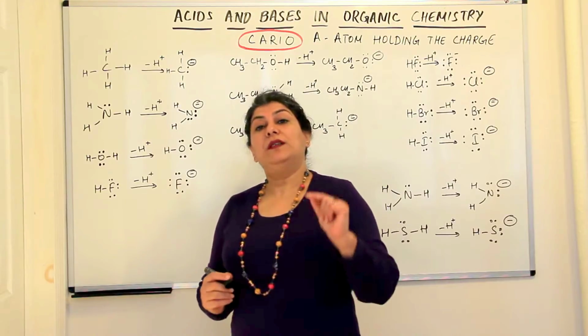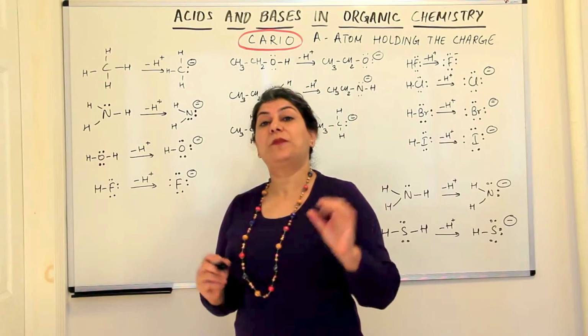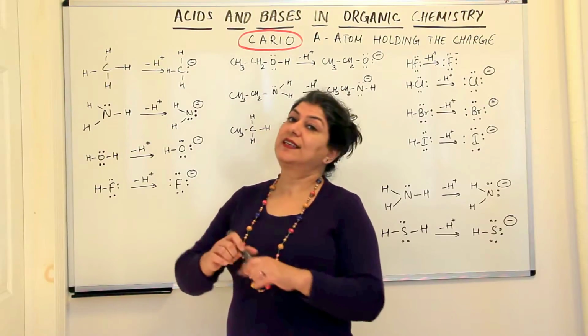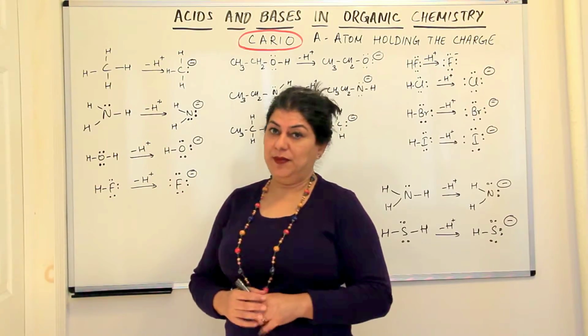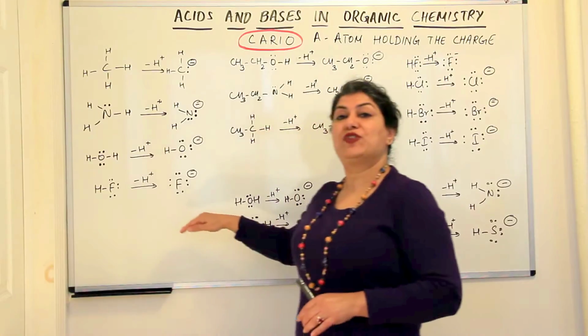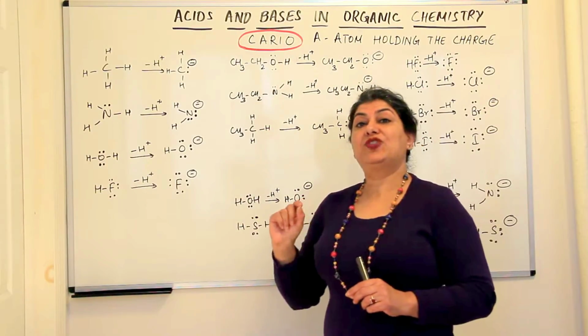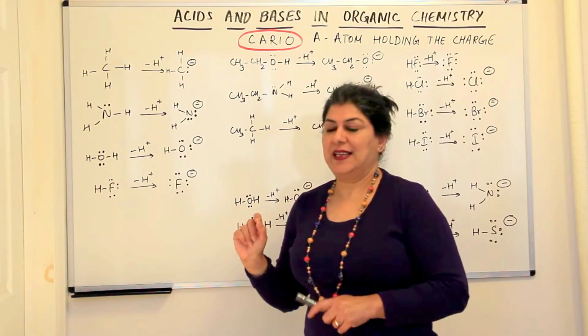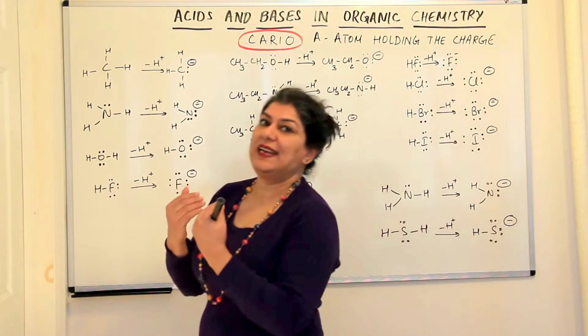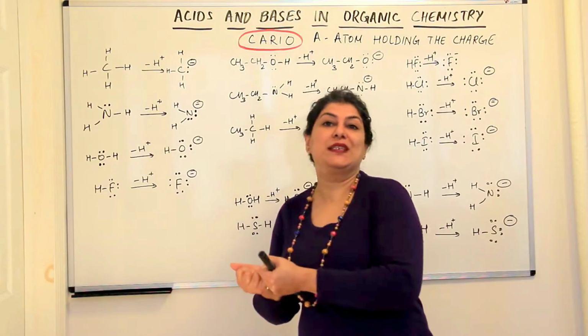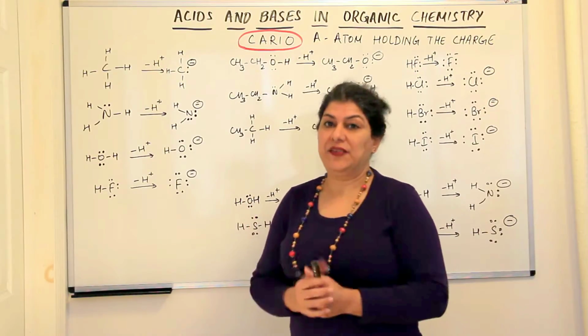If you remember, the previous topic that we did was the periodic table. In the periodic table, we noticed the trends: as you move from left to right in a period, the electronegativity increases. That is, the tendency of an atom to gain an electron, or to pull a shared pair of electrons towards itself, increases.